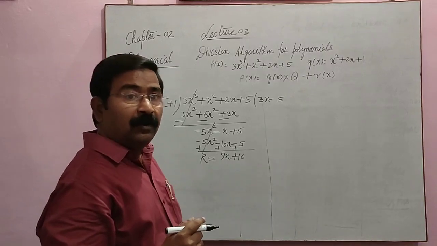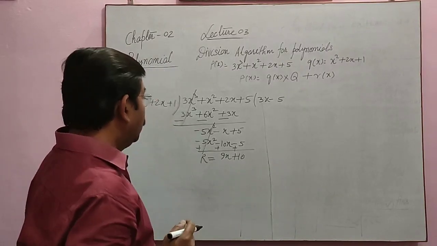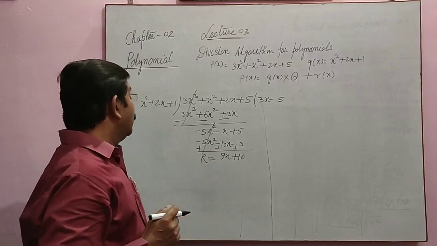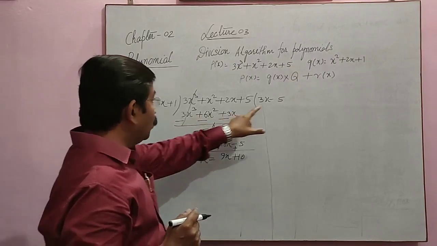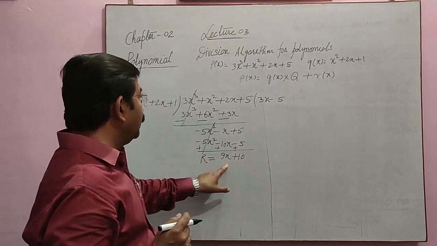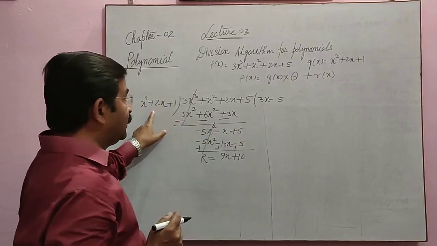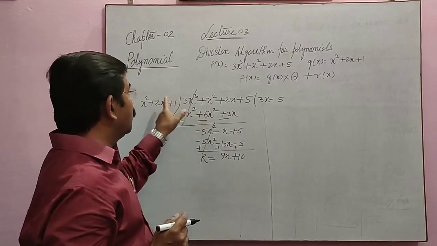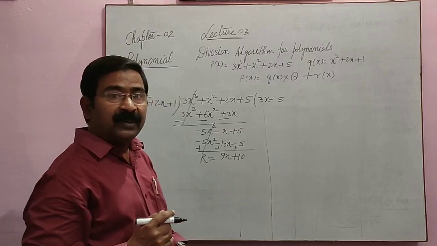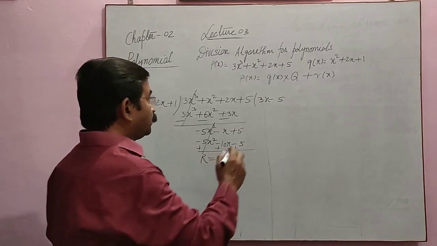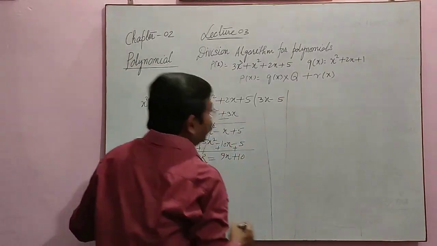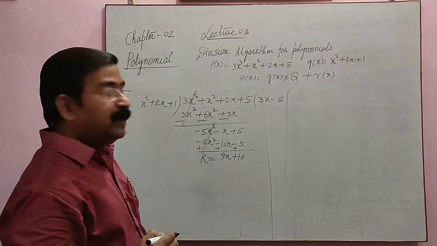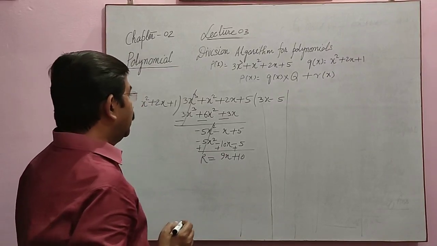Now the algorithm, we have to verify whether quotient into divisor plus remainder is equal to the dividend or not. If it is found, it means your solution is correct. Let's see.